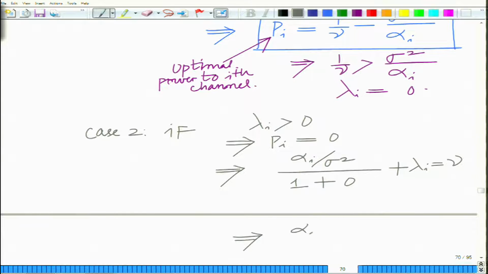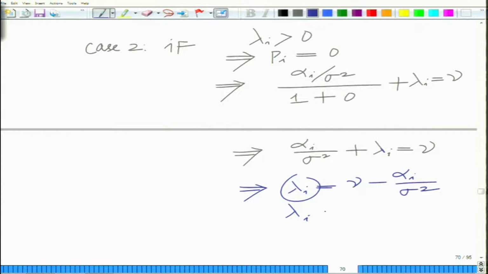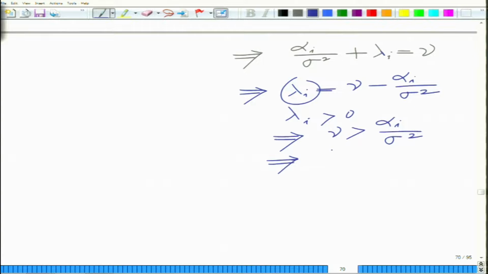So, this implies alpha I by sigma square plus lambda I equals nu, which implies that lambda I equals nu minus alpha I by sigma square, and the lambda I is greater than 0, which implies that nu is greater than alpha I by sigma square, which implies also that 1 over nu is less than sigma square divided by alpha I.